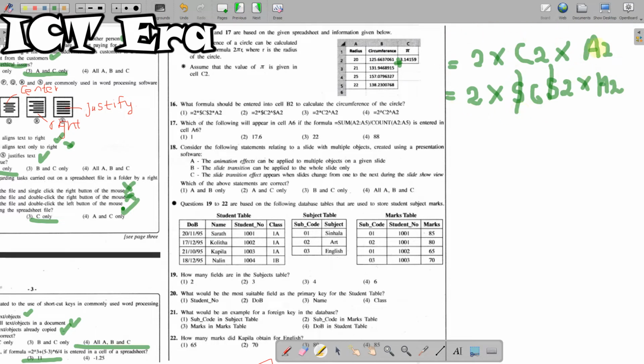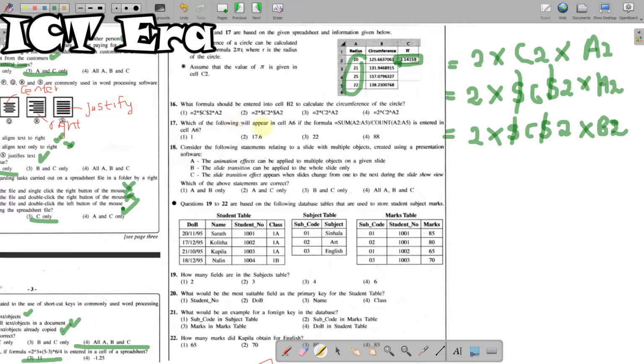If we follow the first method, we can find the value separately, but if we follow the second method, we can copy this formula to every cell. What happens if I copy this formula to cell B3? Because of this absolute cell column and row reference, it will be only changing this one, keeping the other constant.